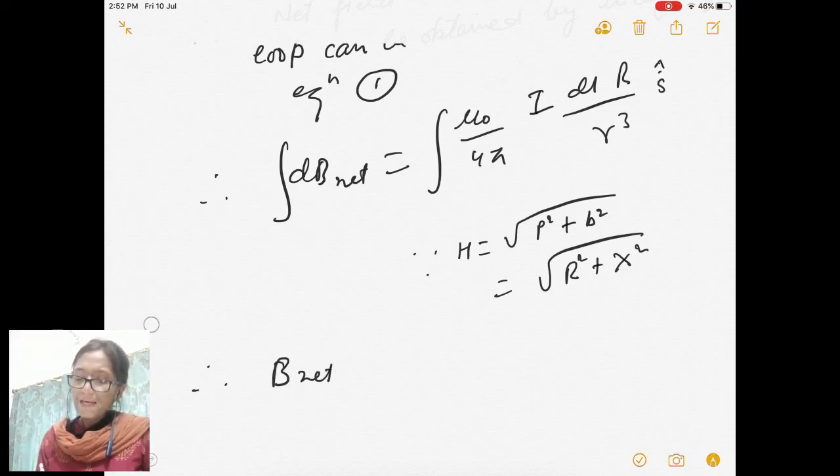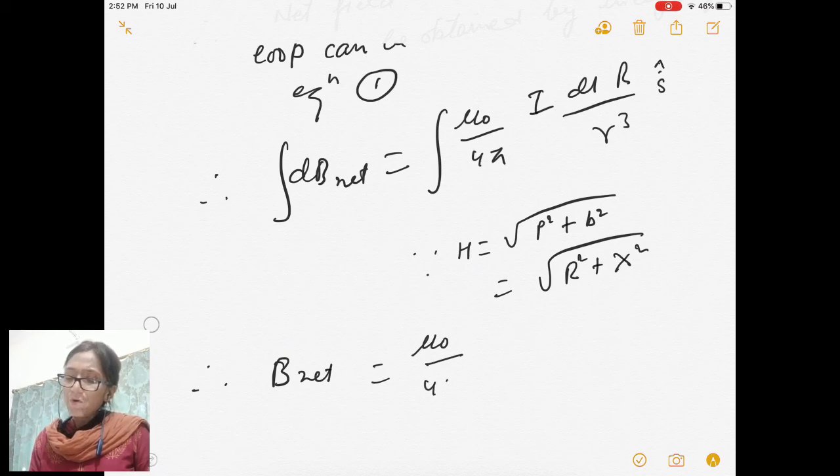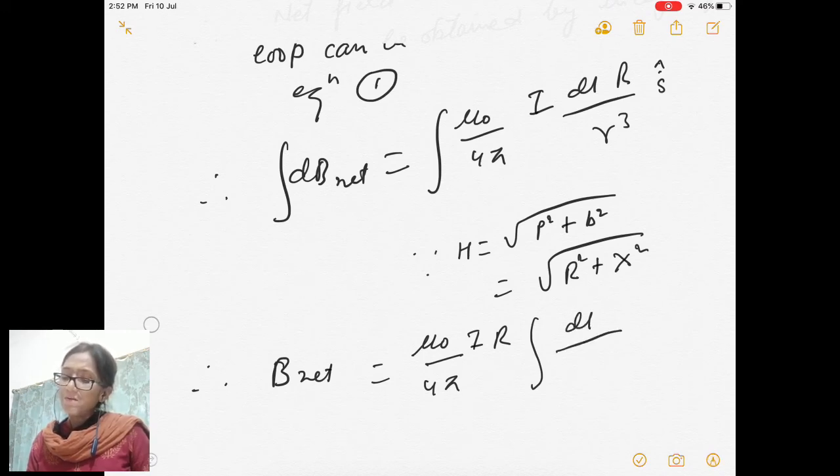Therefore, B net is equal to, let me take every constant outside. Mu naught is a constant, 4 pi is a constant, I is a constant, and this is your radius, radius also is a constant. Here you remain with dl upon r cube, where r is the hypotenuse.